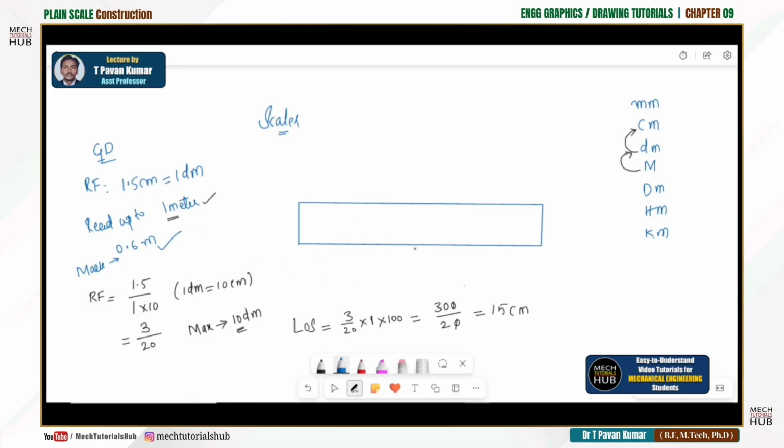I try to divide this complete length, which is in meters, into 10 parts, because the maximum distance is 1 meter. So 1 meter is equal to 10 decimeters. Next subunit I have considered, so 10 divisions I'll try to make. Maybe this is the first division, 1, 2, 3, 4, 5, 6, 7, 8, 9, 10 divisions I made.